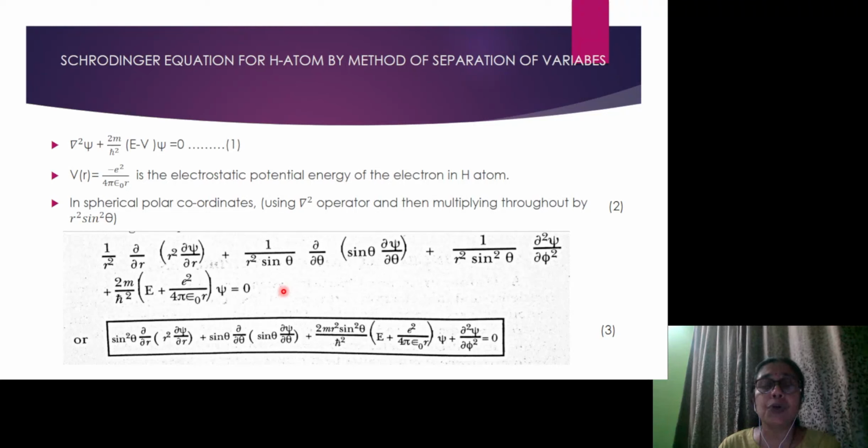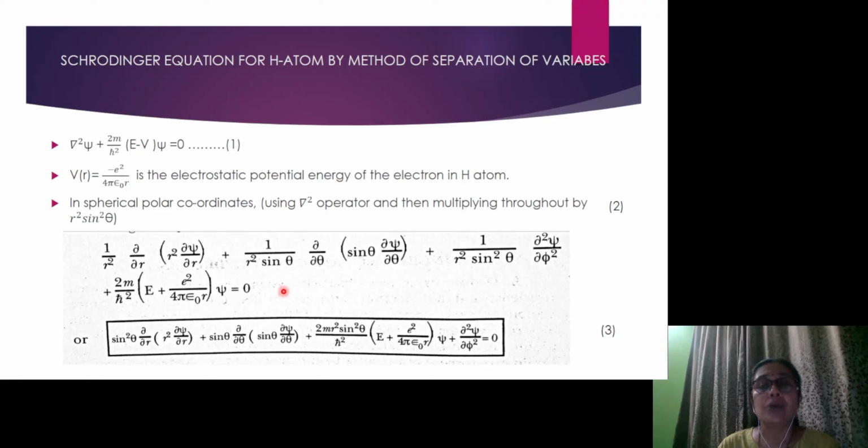So we want to get rid of the variables one by one, that is, we will try to simplify the equation in such a fashion that the equation will contain only one variable at a time.